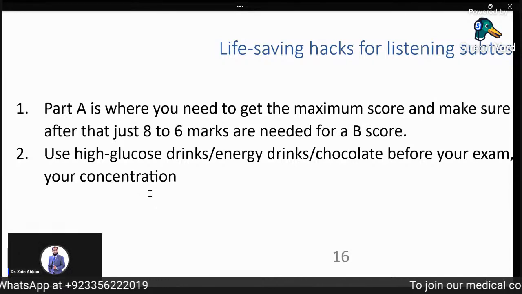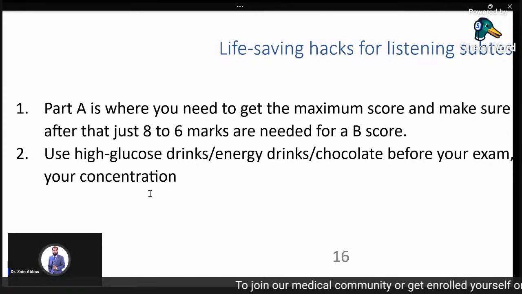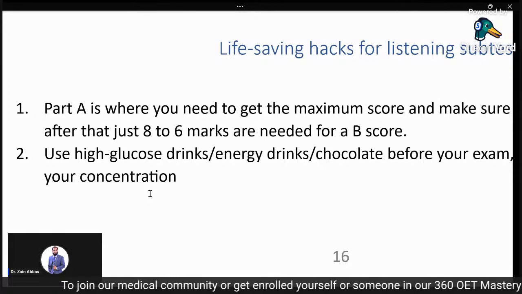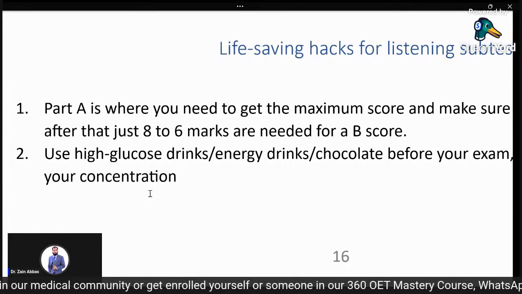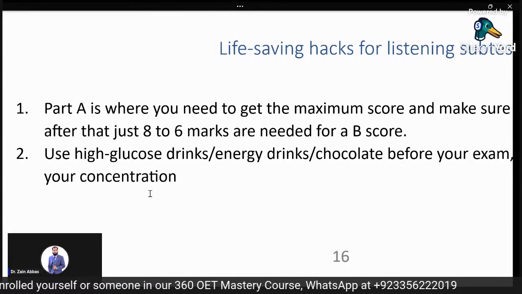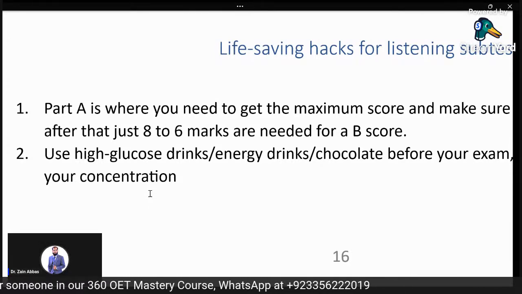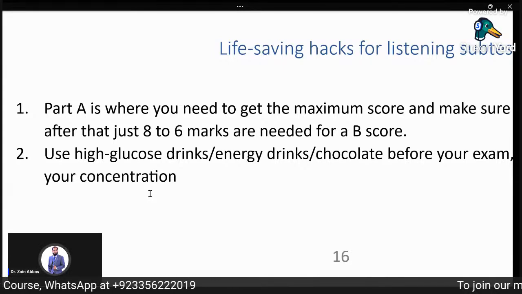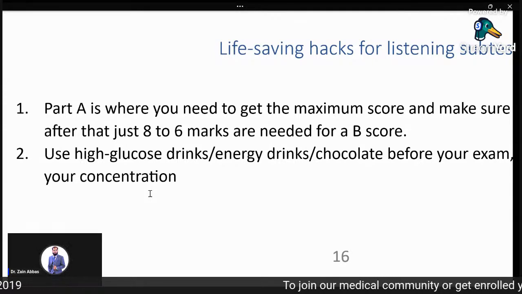Next important point is use high glucose drinks, energy drinks, and chocolate. Trust me, it works. It works with many students. It works with me as well. As you know, this is the first part of the regional exam, and you can take the drink before the examination, and you can also take the drink into the examination area.